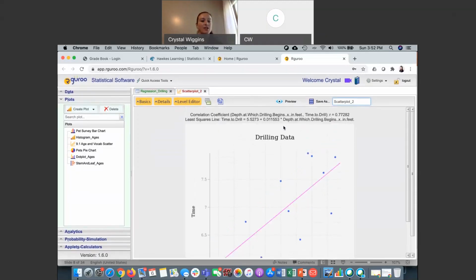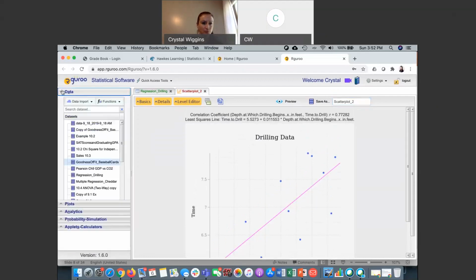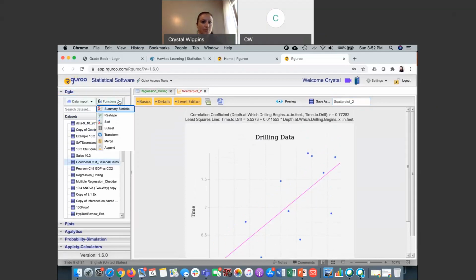Now, if we wanted to get that summary where the mean and the standard deviation was given, then we would go to summary statistic.